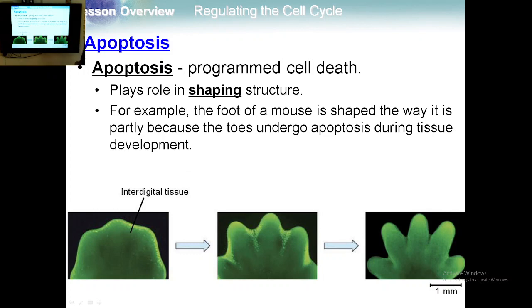The foot of the mouse is shaped the way it is partially because the toes undergo apoptosis during tissue development. So according to tissue development, the cells will die through apoptosis, or programmed cell death, and the toes will take their shape like this.